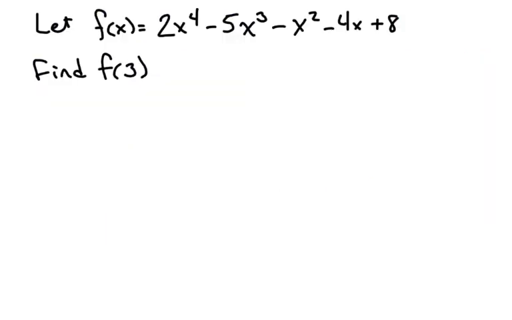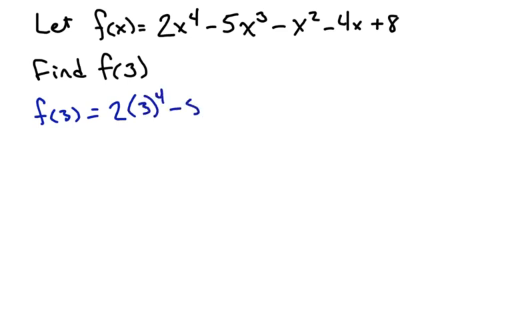Now we know how functional notation works. If we have f of x equals 2x to the fourth minus 5x to the third minus x squared minus 4x plus 8, we know how to find f of 3 by what we call direct substitution, because we take that 3 and we directly substitute it for x.